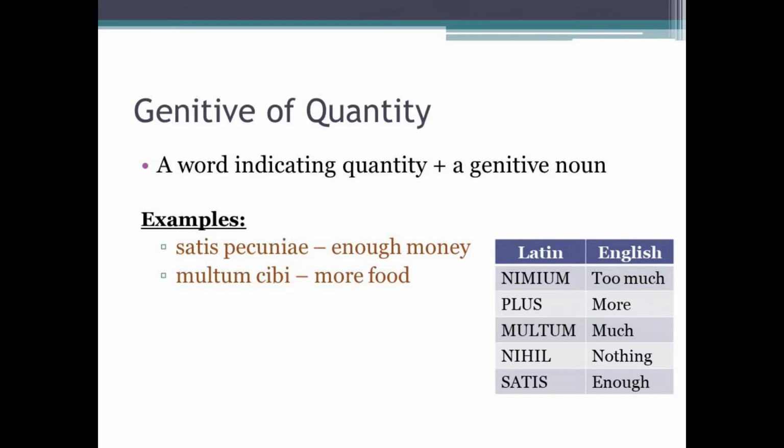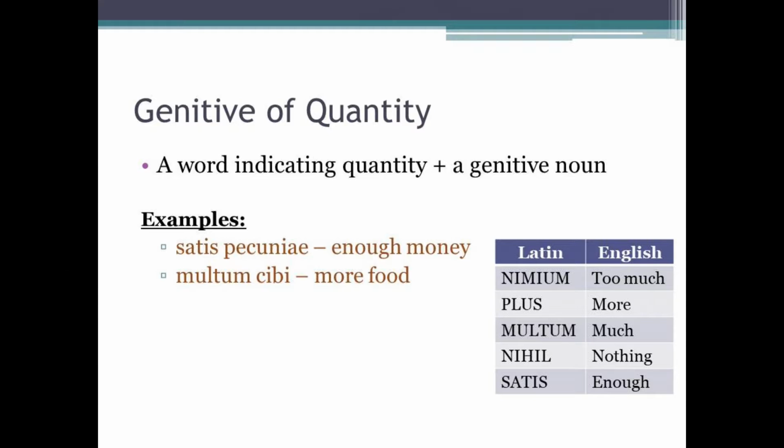For example, satis pecuniae, meaning enough money, and multum cibi, more food. So notice in both of these examples there is a quantifier, satis in the first example and multum in the second example, followed by a noun in the genitive.